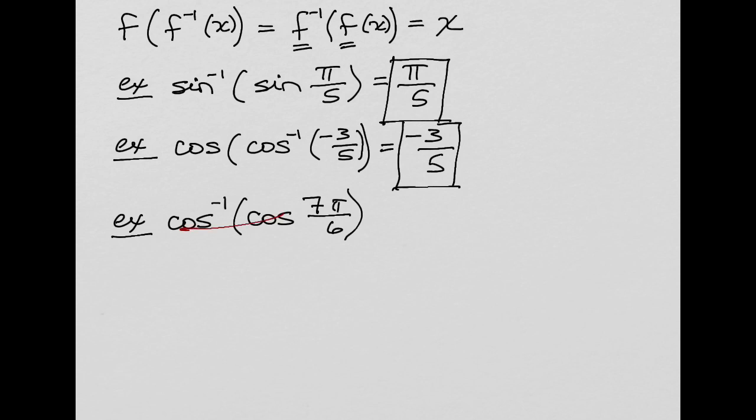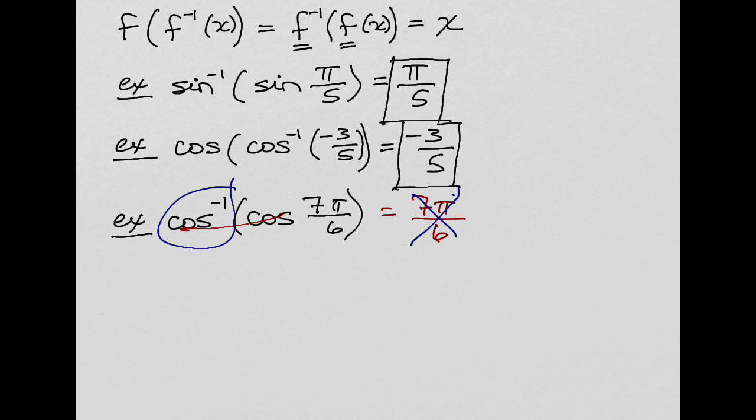And I'm going to get 7 pi over 6. The problem is 7 pi over 6 is not in the range of the inverse cosine function. So it can't be 7 pi over 6. The inverse cosine function only has values between 0 and pi.